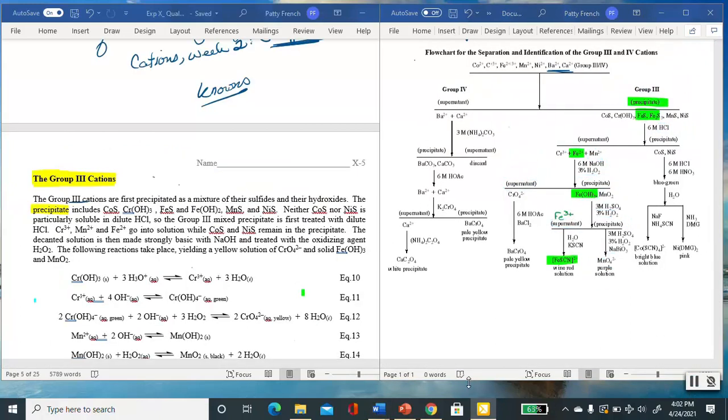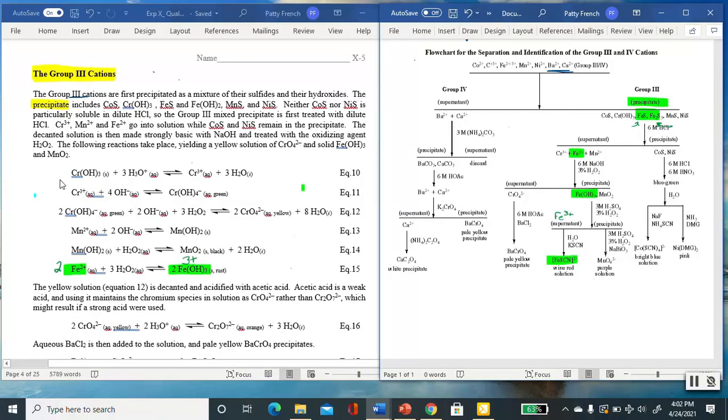The next cation we're going to look at is iron, and we start out with iron 2+ and iron 3+ as a precipitate. When we acidify it, you can see that we dissolve it into Fe2+, and that Fe2+ is found in the supernatant.